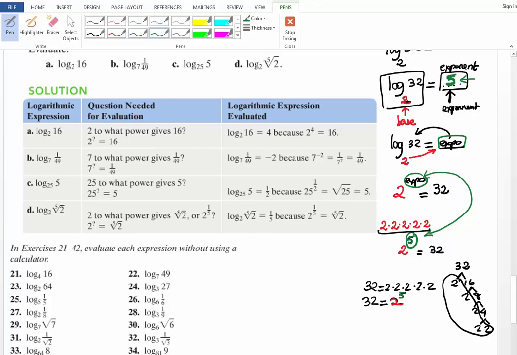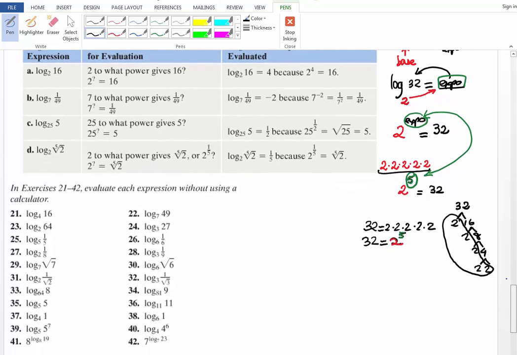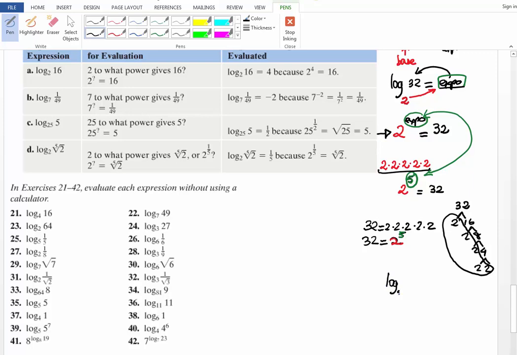Okay. I'll show you one last thing about this, and then we'll do some other examples in another video to follow up. When you are at this stage trying to get your clue about what is log base 2 of 32, and you don't know what it is, but you do know it's an exponent, such that if you raise 2 to that power, you get 32, you could do this.